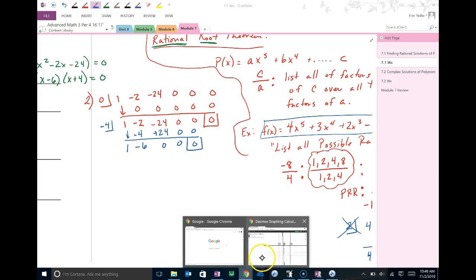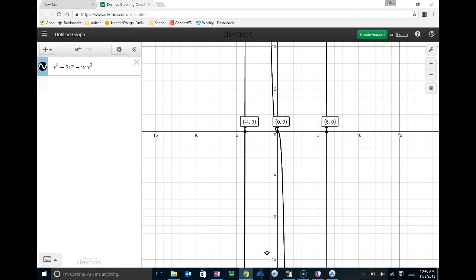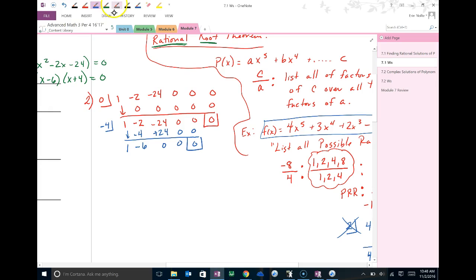Okay, what's the last root that I can use here? 6. Okay, so 6 goes in the box. So I drop the 1. 1 times 6. -6 plus 6. 0, 0, 0, 0.